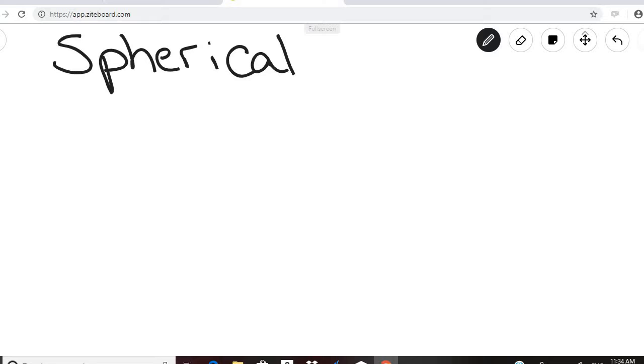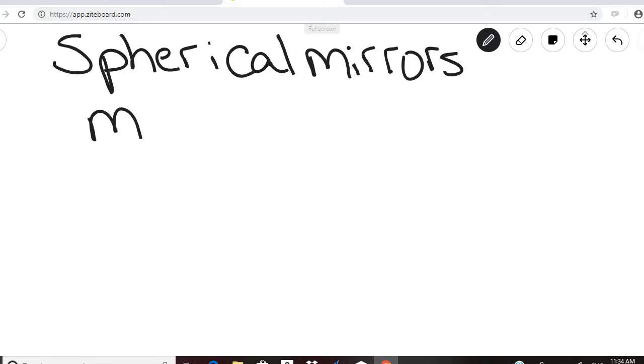However, not all mirrors that we have are flat mirrors. Some mirrors are spherical, and maybe some of you have had some experience with a magnifying mirror.